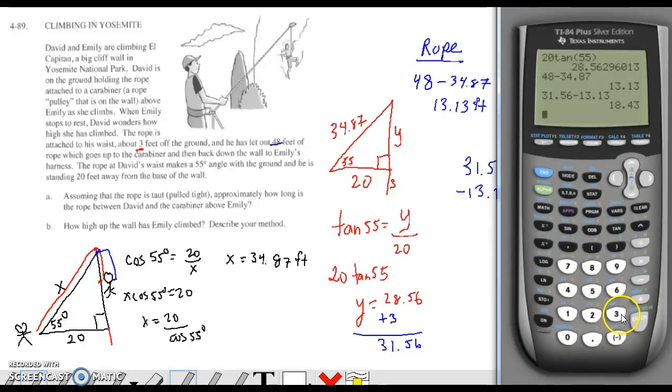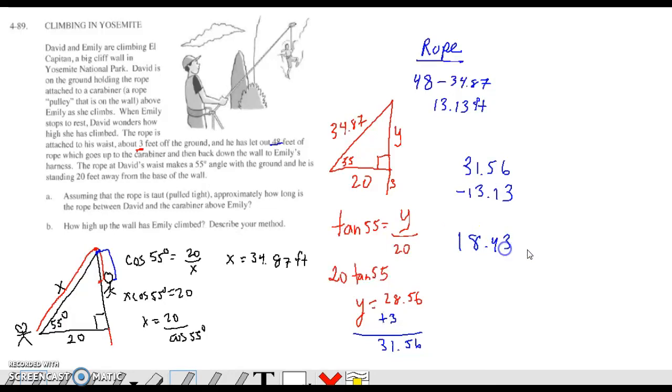And I'm going to get 18.43. And this is the correct answer for part B. So 18.43 feet. So this answer is B, while this answer was for A.